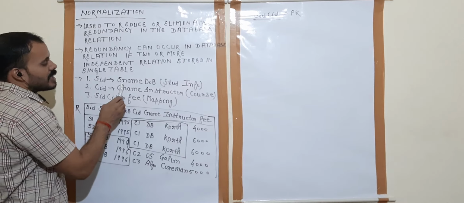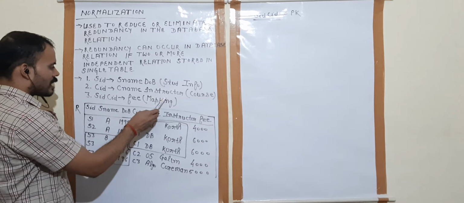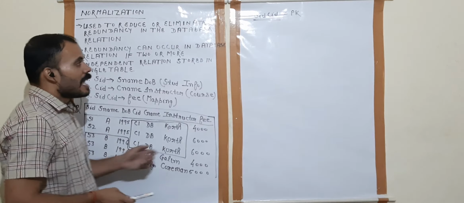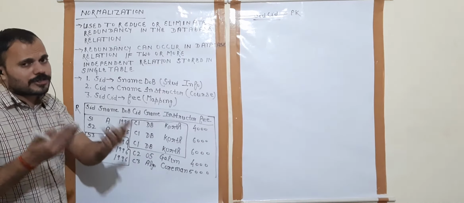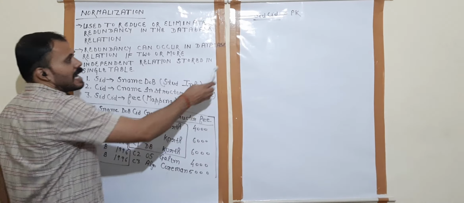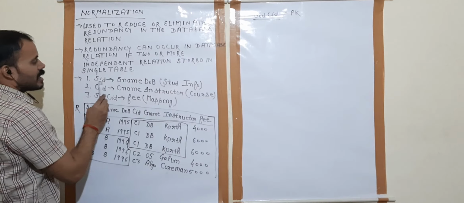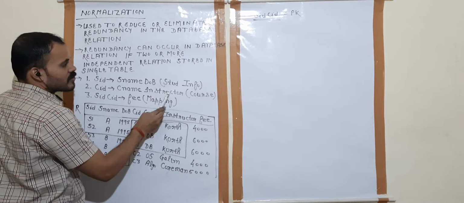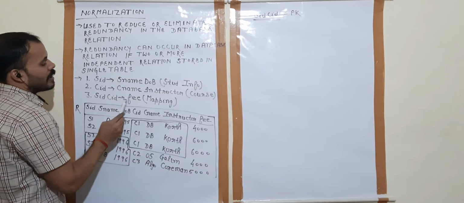See here, SID determines name and date of birth, and CID determines course name and instructor, and SID and CID together determine fees.